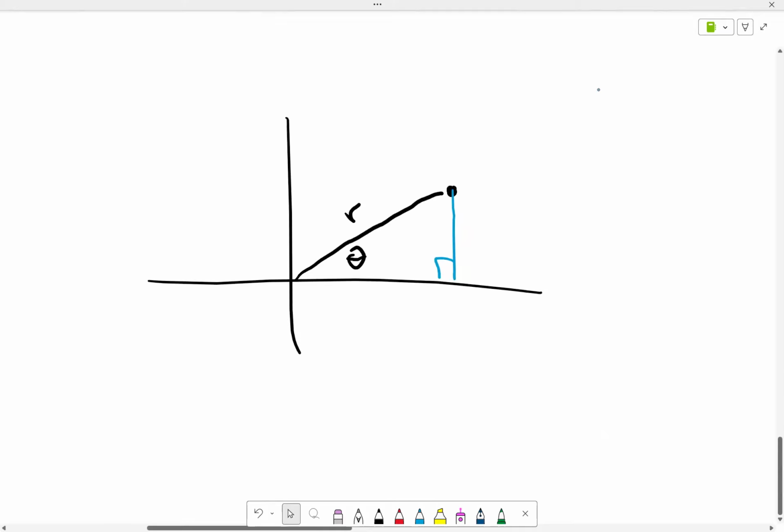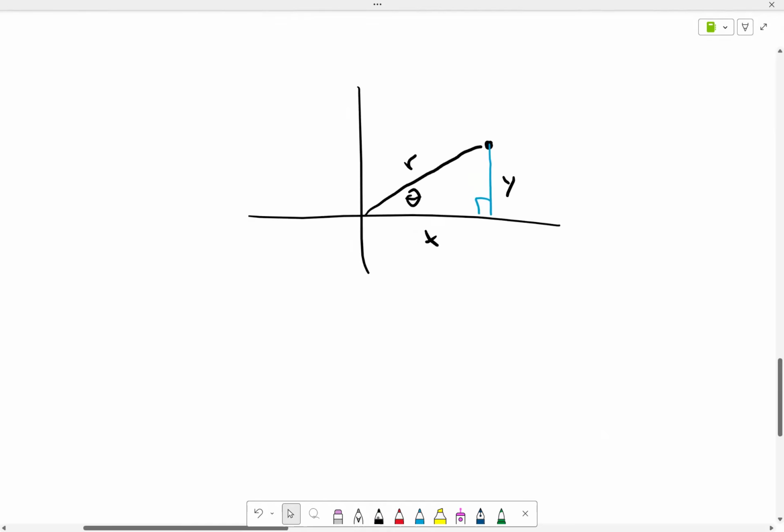I'm going back to just this definition. You can copy this down somewhere. So I've made a triangle. The other sides of this triangle, I'm going to label as X and Y. You see which one's going to be X, of course. And this one is Y.